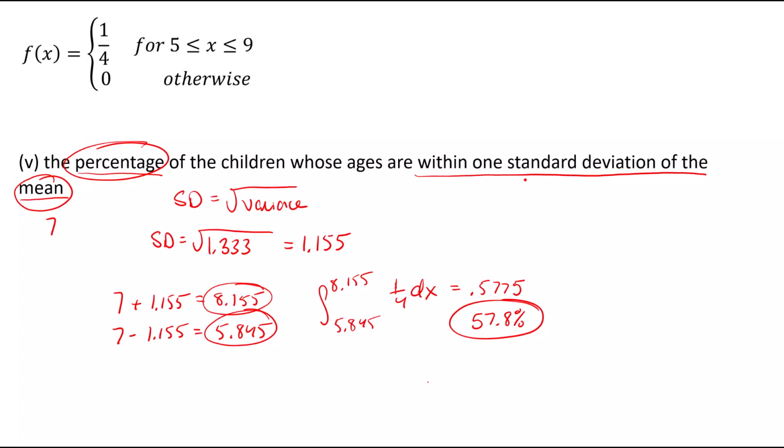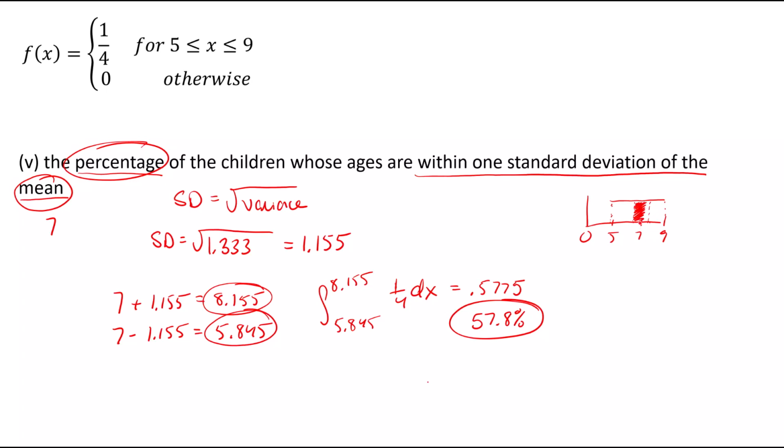Okay, so another way to look at this is that if I have this 5 to 9, again, with my rectangle here, and the mean was 7, and I want to be one standard deviation up, I'm over here somewhere, and one standard deviation down, and so we're saying what percentage is this of this whole area?